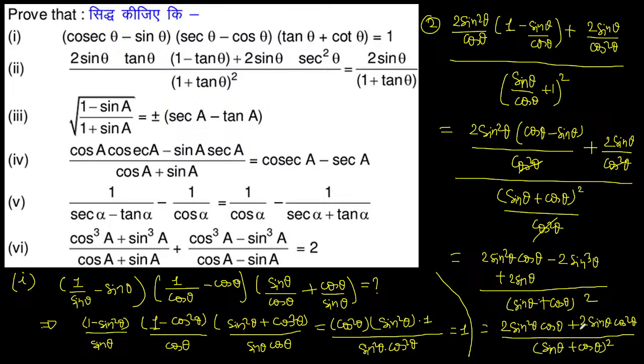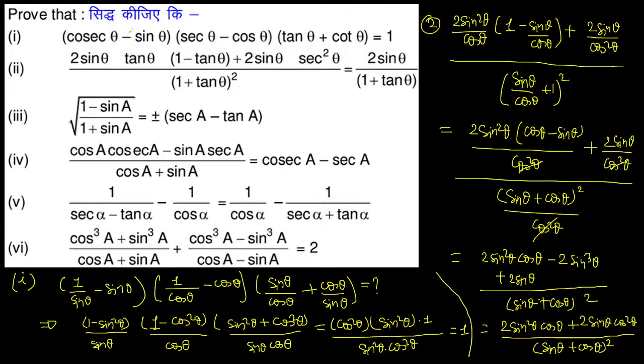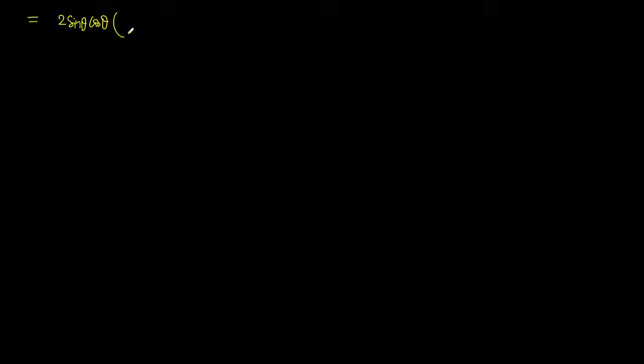If we take 2 sin theta cos theta common, we are left with sin theta plus cos theta. This is sin theta plus cos theta whole square.